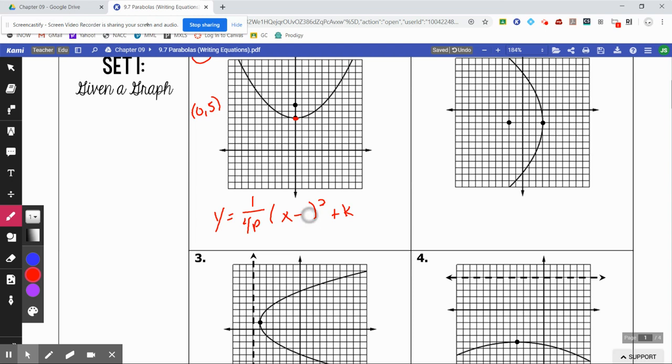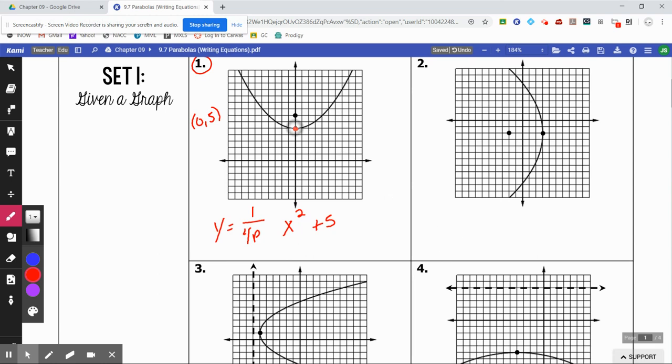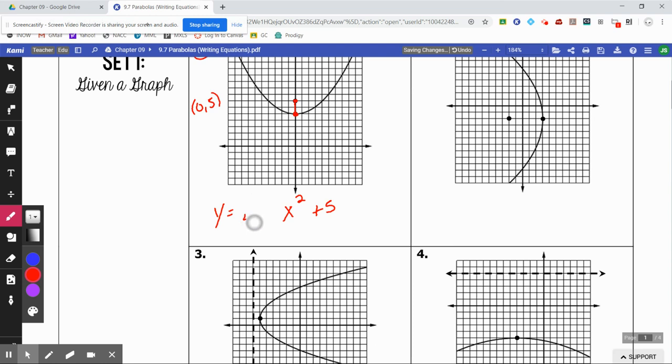So we're not going to move it left or right any, so this stays x squared, but we do want to move it up 5, so we're going to have this plus 5 on the end. And the only other thing you have to do is figure out what the p value is. P is the distance from your vertex to your focus, which in this case is 2. So this 1 over 4p changes to 1 over 4 times 2, which would be simply 1 over 8. So there's the equation of your parabola.